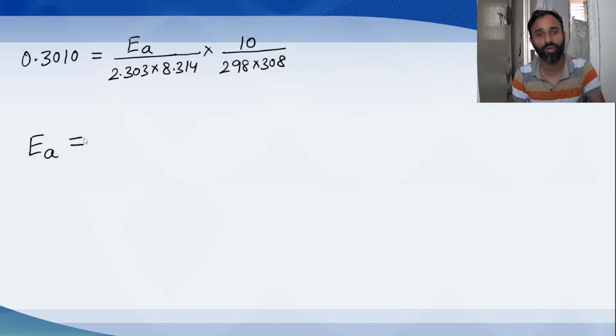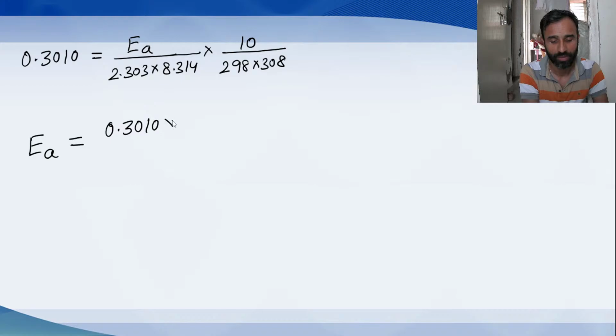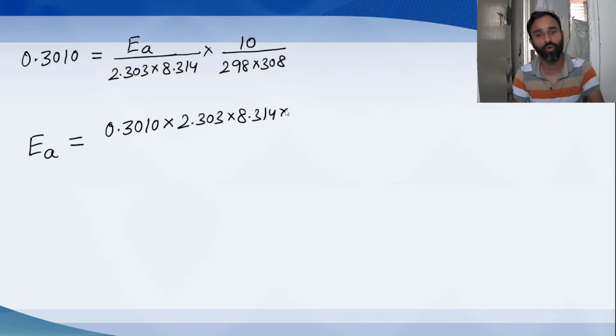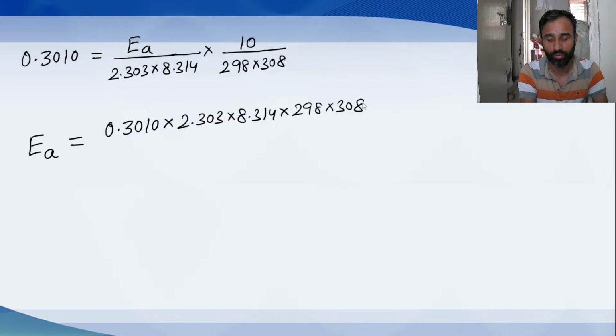So EA equals 0.3010 into 2.303 into 8.314 into 298 into 308 divided by 10.